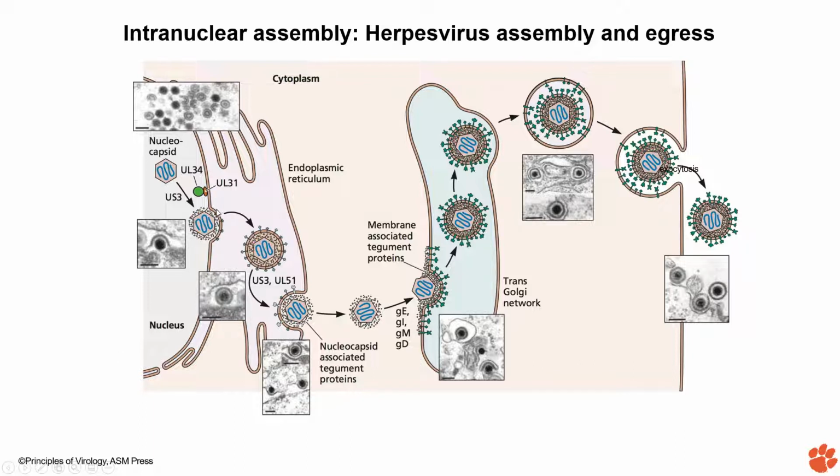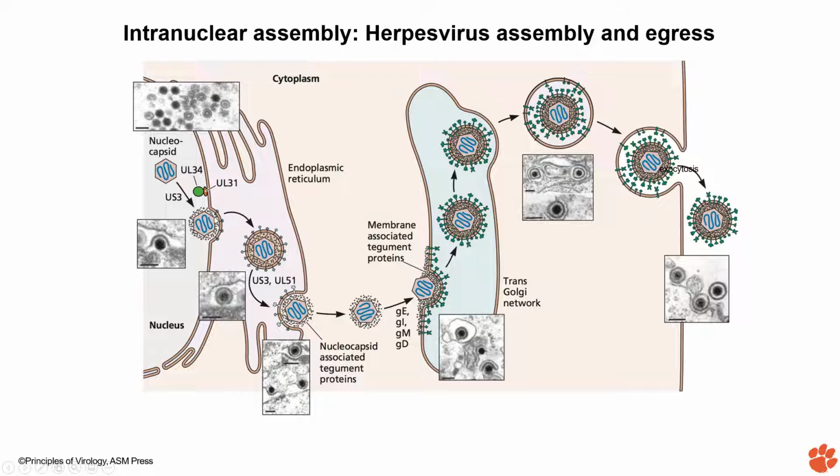So the virus, along with these tegument proteins, you can see that there are lots of tegument proteins that are associated on top of the capsid. They bud into the nucleus, and now you see that it contains the membrane right here. Interestingly, this virus again fuses with the outer membrane of the nucleus.